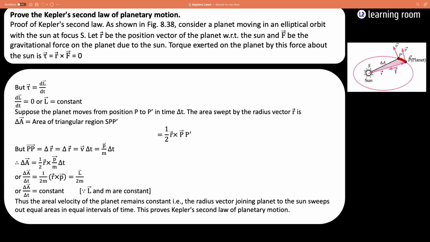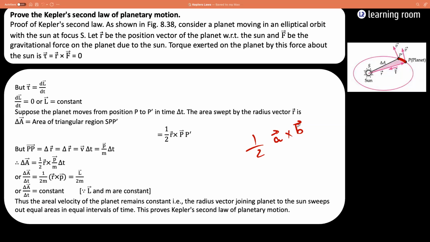Now the question is, what is the area of a triangle in terms of vector? It is half into A vector cross B vector. Okay. So here what will happen, half into R vector cross P dash vector. Because this is also R vector, this is also R vector.